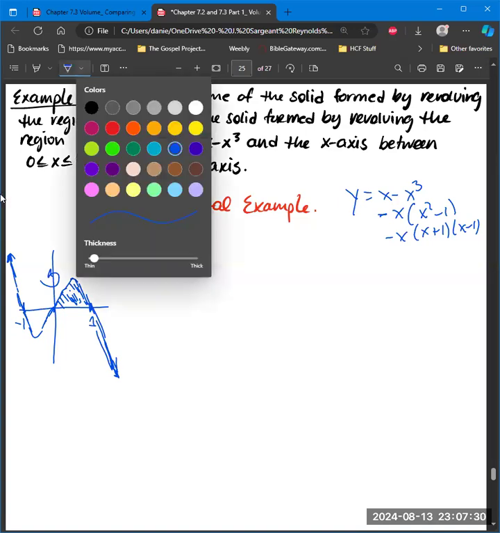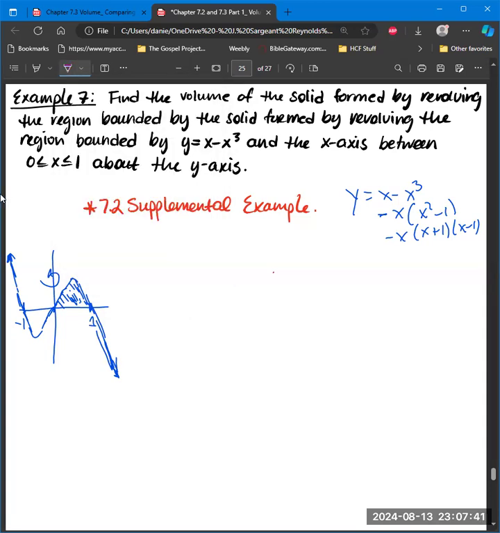Let me switch colors here to get something like pink. And so we want to make a rectangle that's parallel to our axis of rotation here, like so.